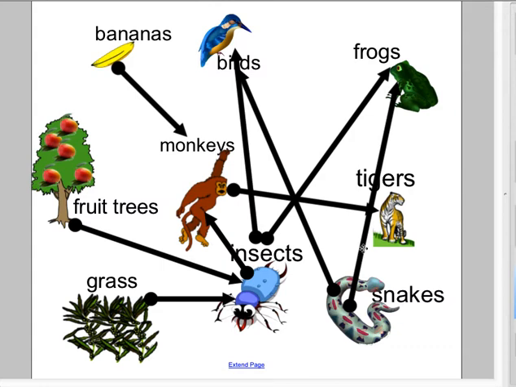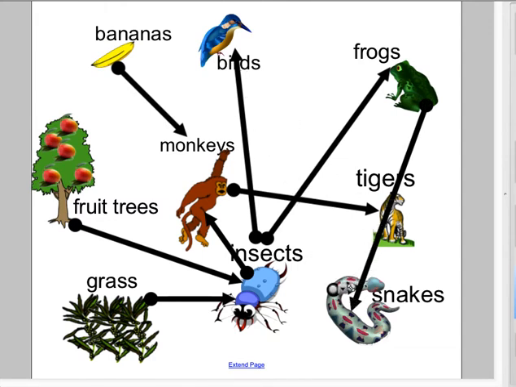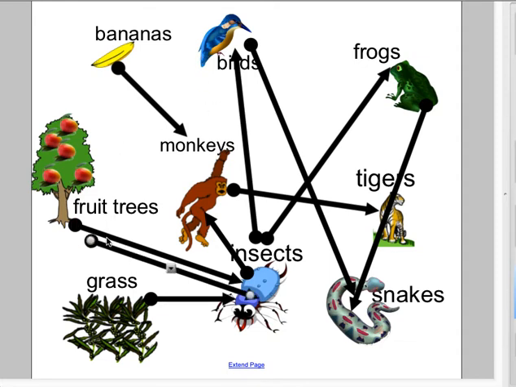What I did wrong was I put the arrow on the wrong end, because we're talking about the energy flowing from the frog to the snake, from the bird to the snake, right? The arrows have to go in the direction of the energy flow. Where's the bird getting its energy? Well, we said the insects, but the bird may also get its energy from the fruit tree. So let's put an arrow going in that direction.